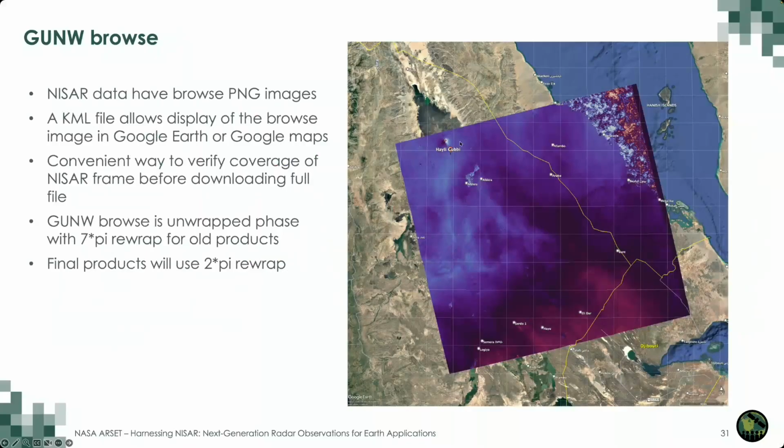The Haley Gooby area is this corner near the edge of the scene. As I mentioned before, this is the 7 pi wrapped phase, and the final products will have a 2 pi rewrap of the phase, which will make it look considerably different with more fringes.